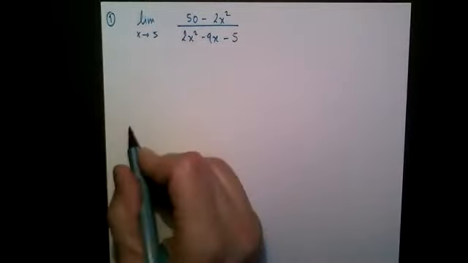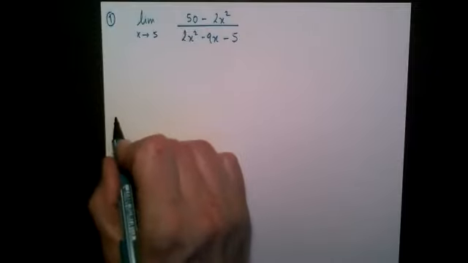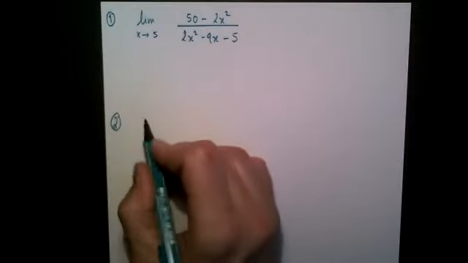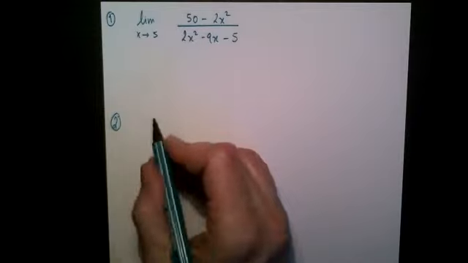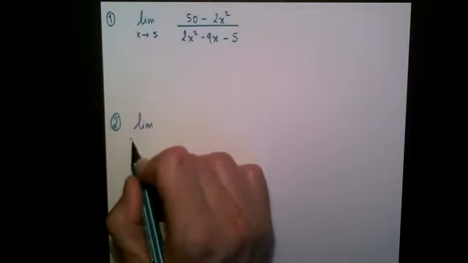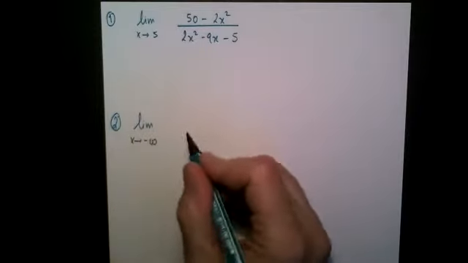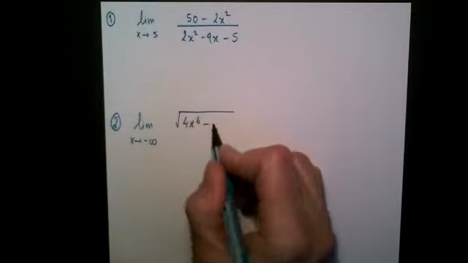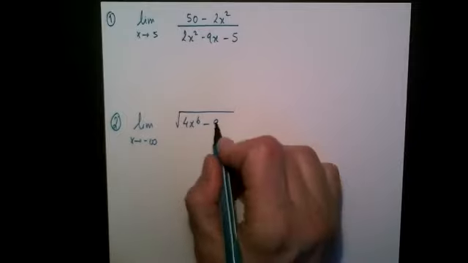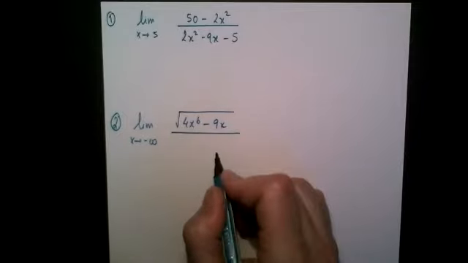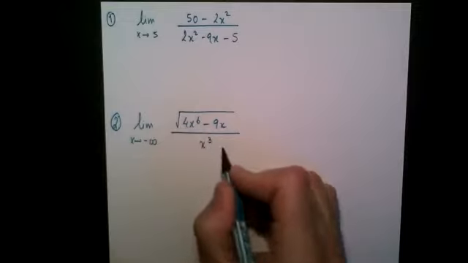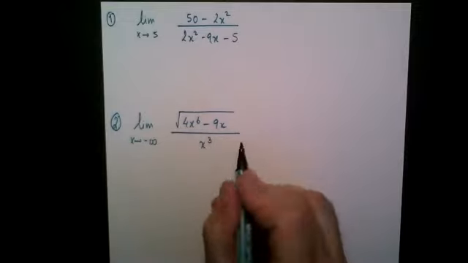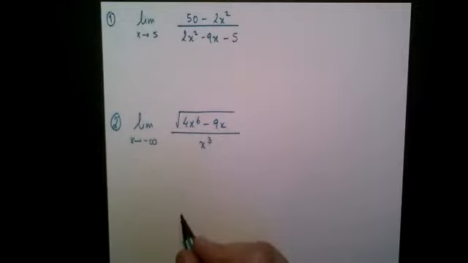Here's one. Second, the limit as x approaches negative infinity of the square root of 4x⁶ minus 9x, over x cubed. Okay, start with these two.